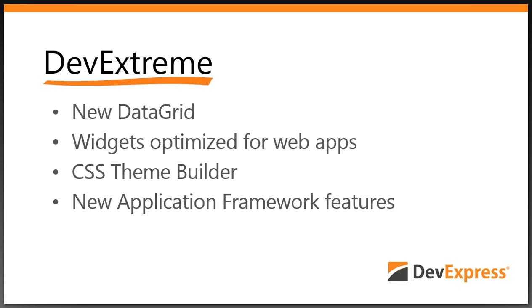We've added some new framework features to the application framework, which is the basis of DevExtreme. As I've said in the past, we've concentrated more on the smartphone space. So in this release, there are new capabilities for creating single-page applications for tablets and for desktop. If you think about it, a smartphone is a very small screen.